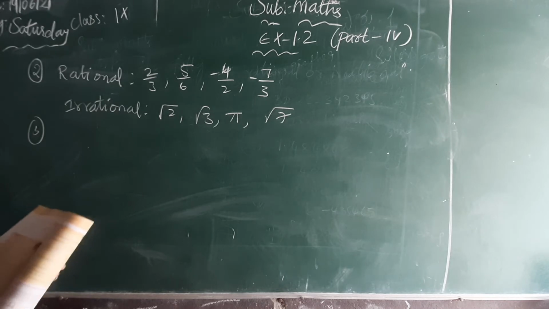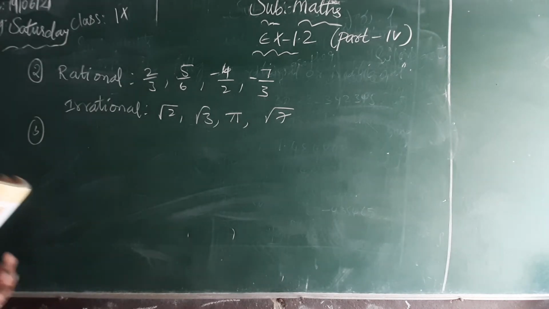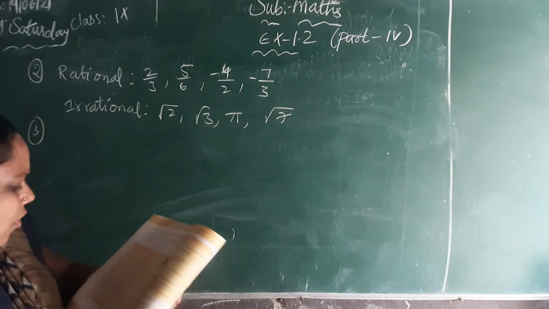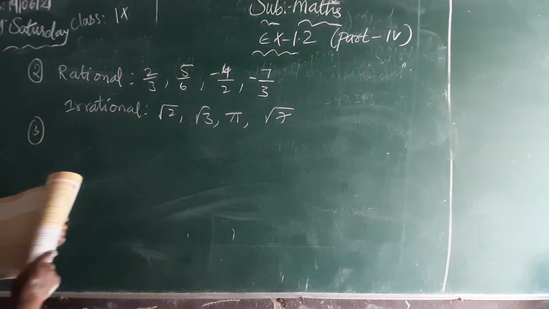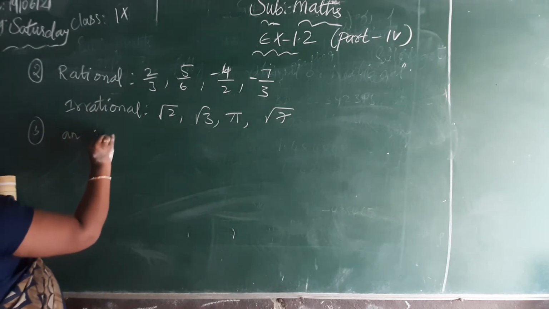Next, the third one. Find an irrational number between 5 by 7 and 7 by 9.